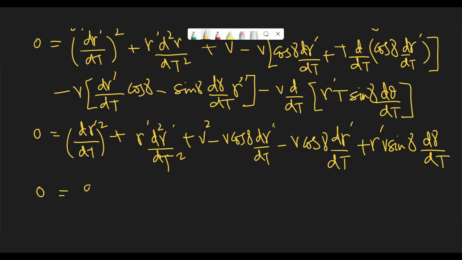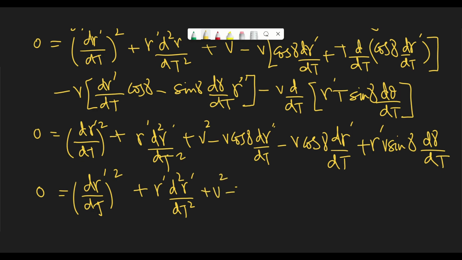So 0 is equal to dR prime over dt whole square plus R prime d square R prime over dt square, V square minus V cos gamma dR prime over dt.